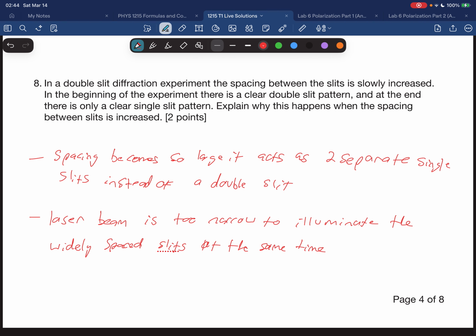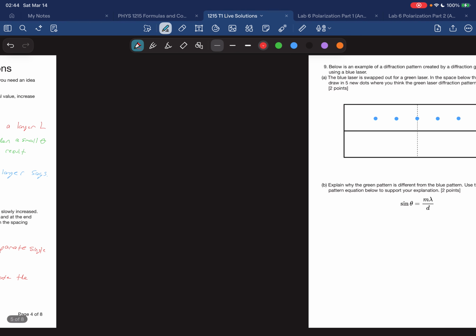So even if the slits were still closely spaced enough together to get some meaningful interference pattern for double slit interference, the laser wouldn't be wide enough to cover both slits anyway. So it couldn't illuminate both of them anyway. So potentially 2 answers here, depending on the specific setup. So those are the answers for 7 and 8.